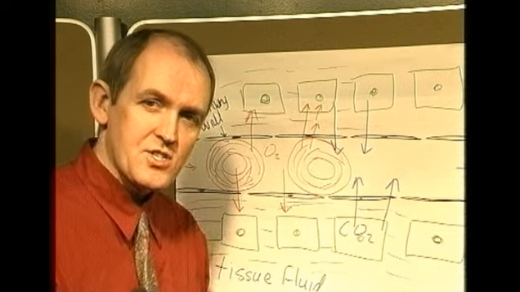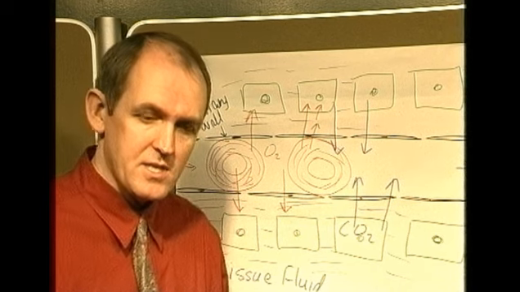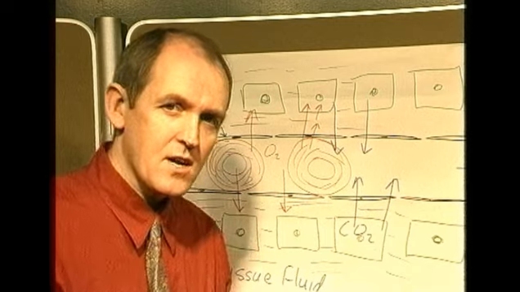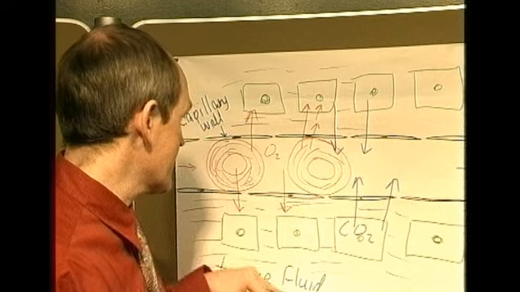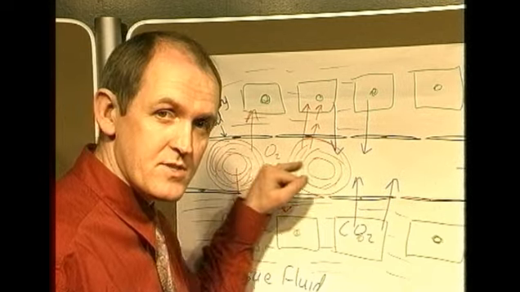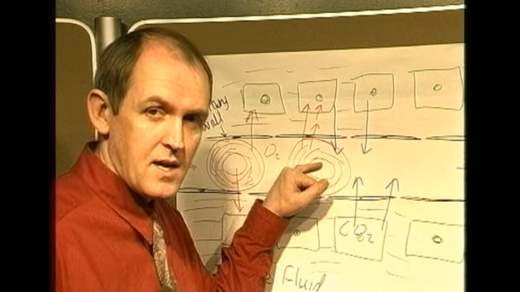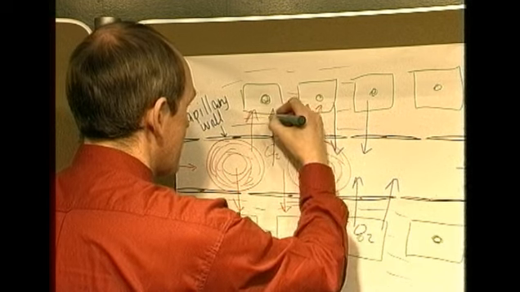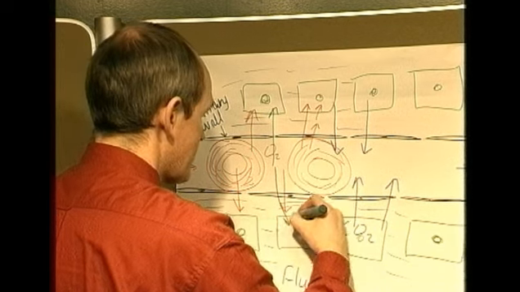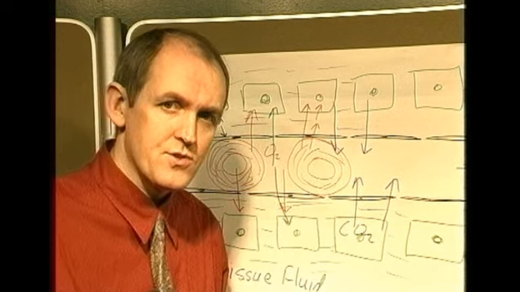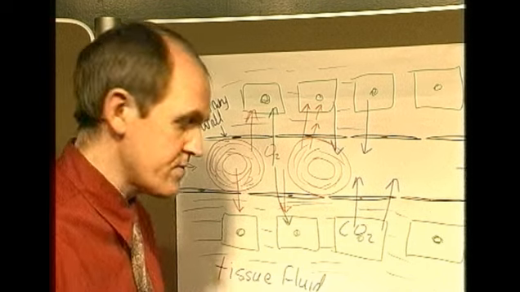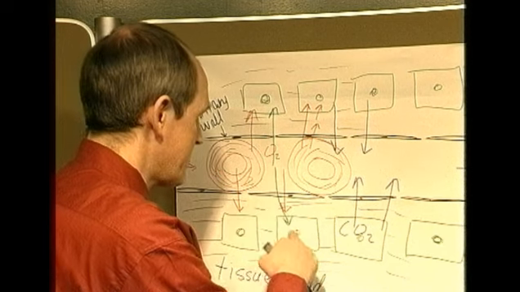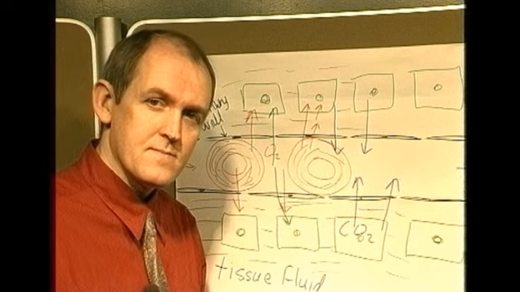Now, as well as an exchange of gases, there's exchange of other materials. For example, as we've said, the cells are using up glucose. So when the blood arrives, it's going to contain glucose, and the glucose will diffuse from the blood into the cells that have used the glucose up, providing there is a diffusion gradient for that to occur. So if the cells use up the glucose, more glucose will diffuse from the blood into the cells.